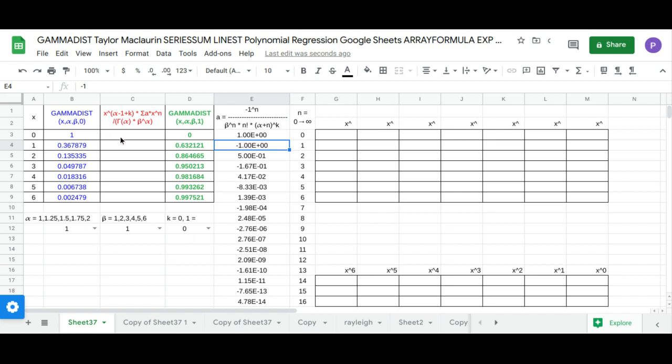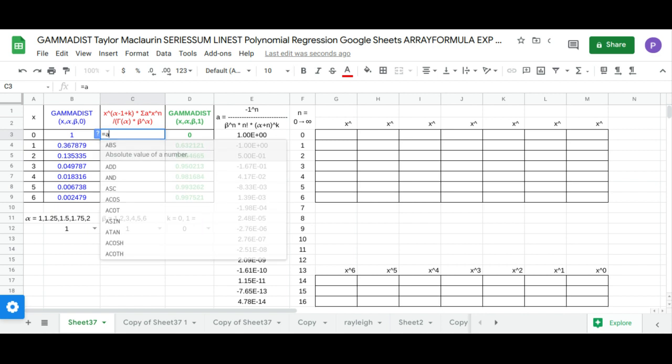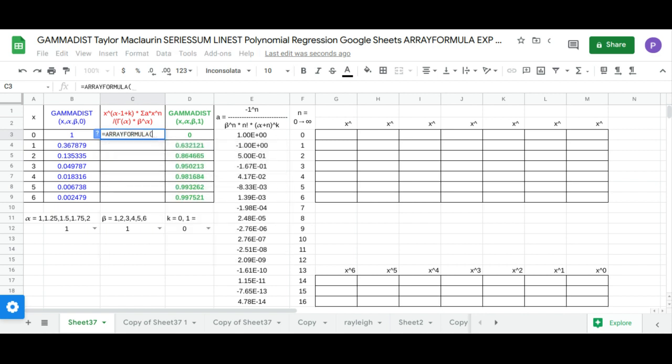And now we can continue with the Taylor Maclaurin series sum expansion, which is equal to array formula. The numerator, that's x raised to the power, the quantity alpha minus 1 plus k. That's the first part. Now the second part. It's the summation.